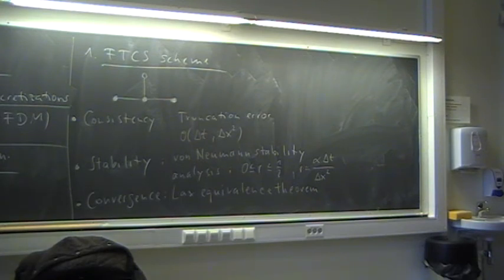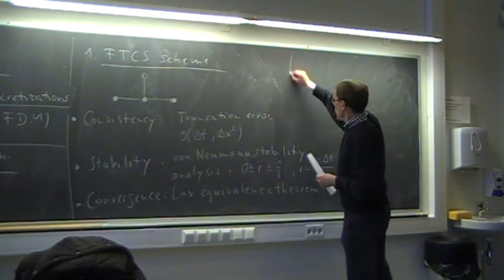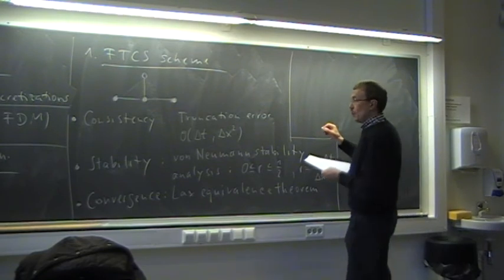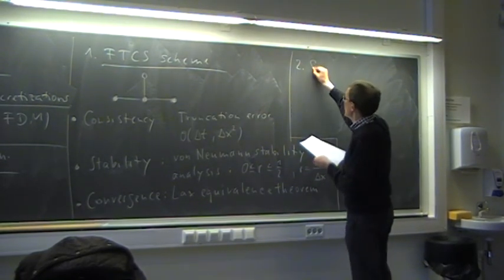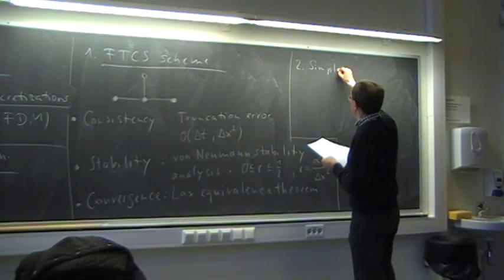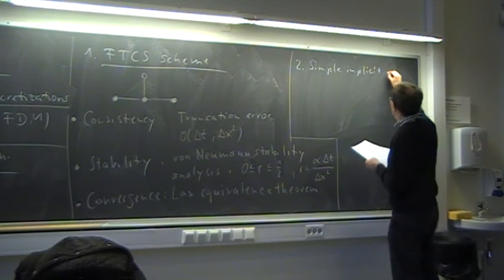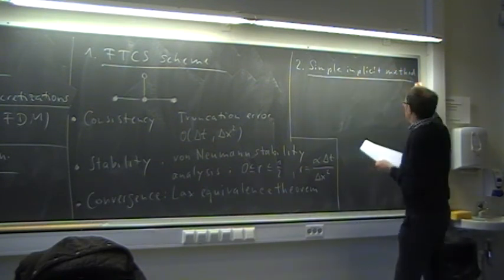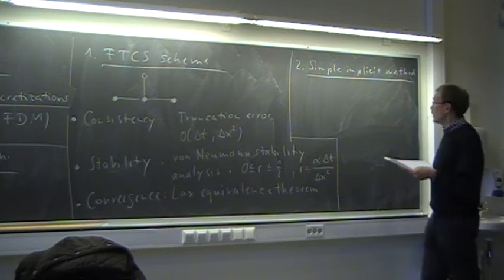Another example of the method that we studied for solving the heat equation was what we call the simple implicit method. You should be able to write that down and just give you the stencil.